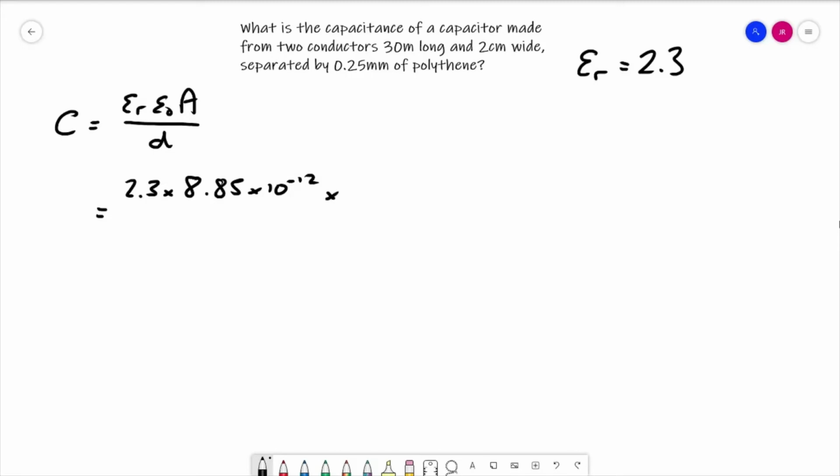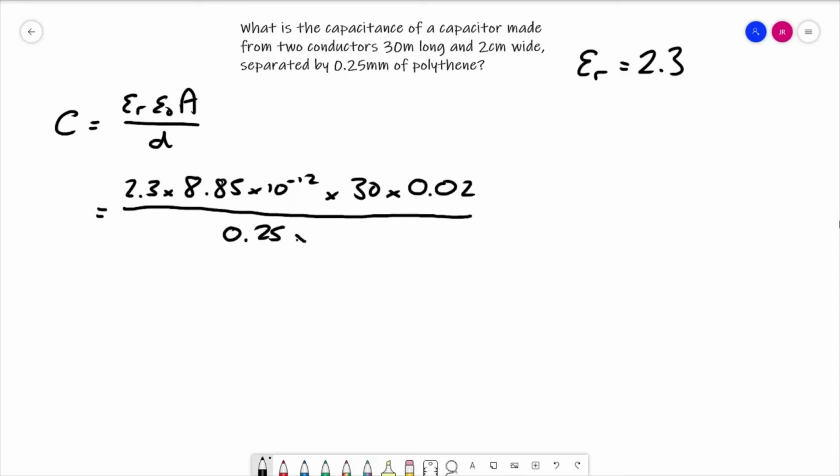Now for the area, we might as well just plug the numbers straight in. So it's 30 metres multiplied by 2 centimetres, which is of course 0.02 metres. And then we're going to divide all of that by 0.25 millimetres, or 0.25 times 10 to the minus 3.